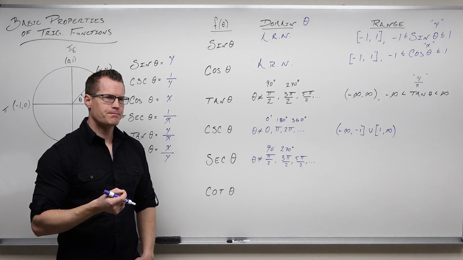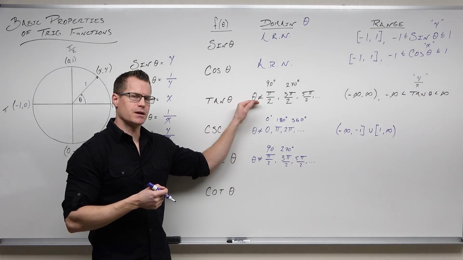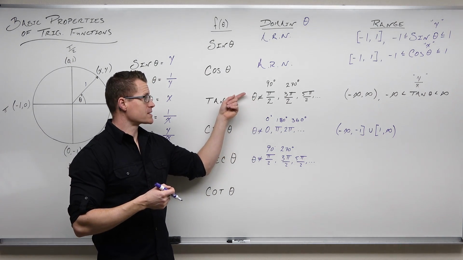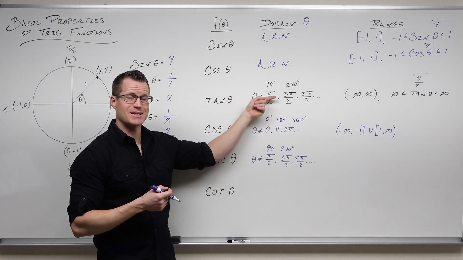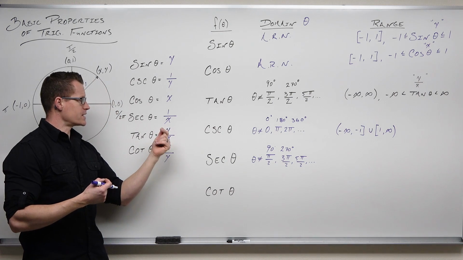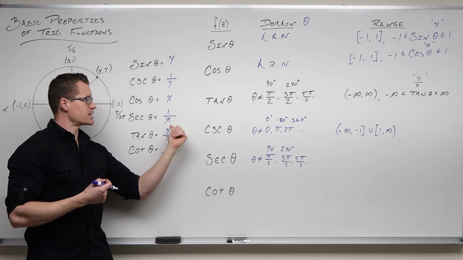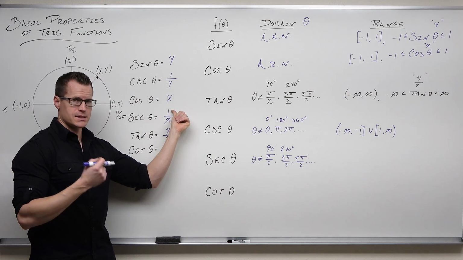Now, why in the world would this have the same domain as tangent does? Well, this says if I take y divided by x, where x is 0, that's giving us issues. And this is saying the same thing. Look at our denominator. Here's a denominator of x. Here's a denominator of x. Y is defined everywhere. 1 is a constant.